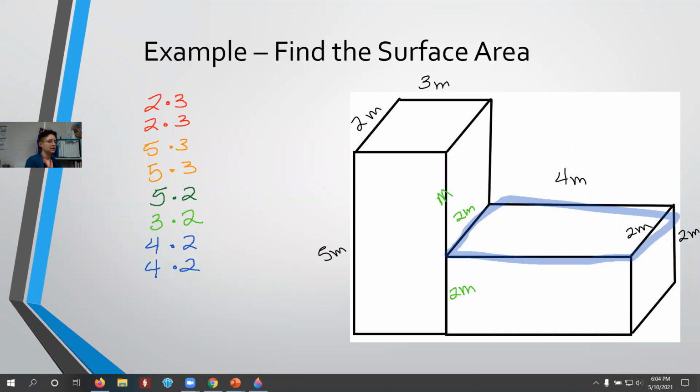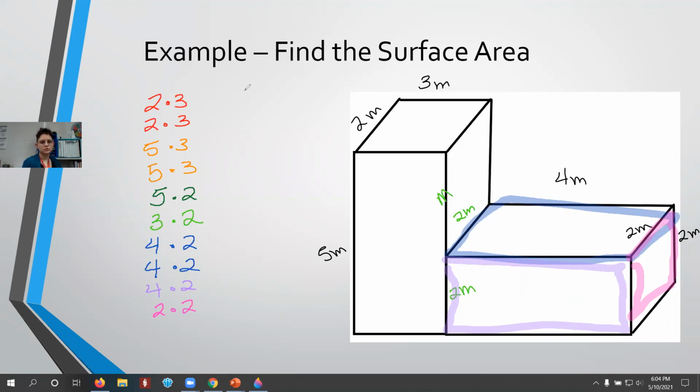We then have a front facing rectangle here, which again is 4 by 2 meters. The back would match. And finally, we have a right facing rectangle, which is 2 by 2 meters. We are not going to include the left facing rectangle because that's where we've glued our rectangles together.